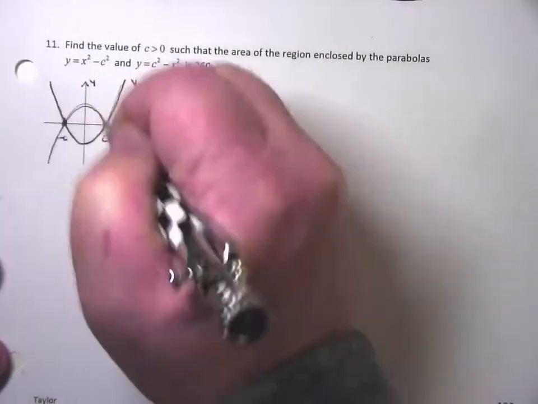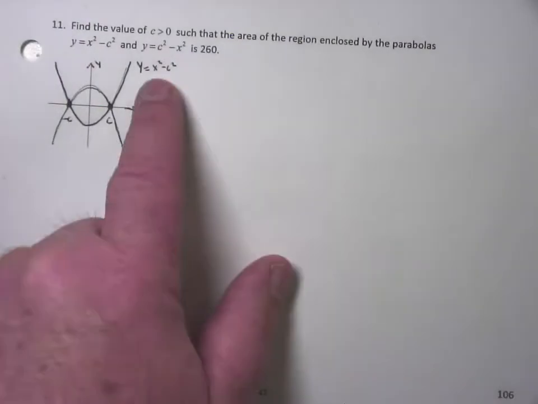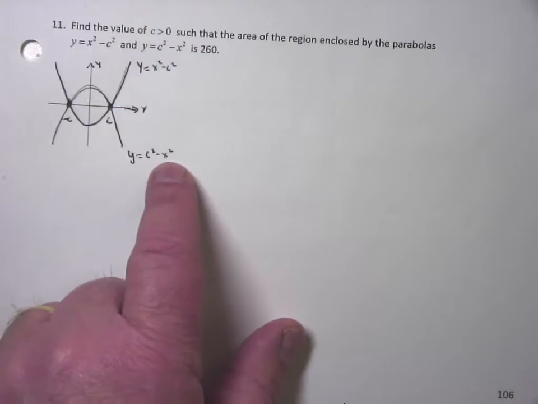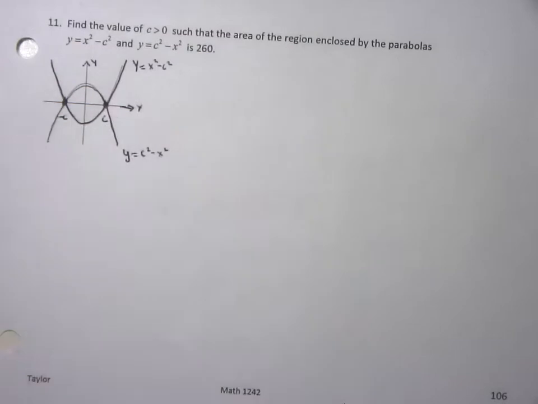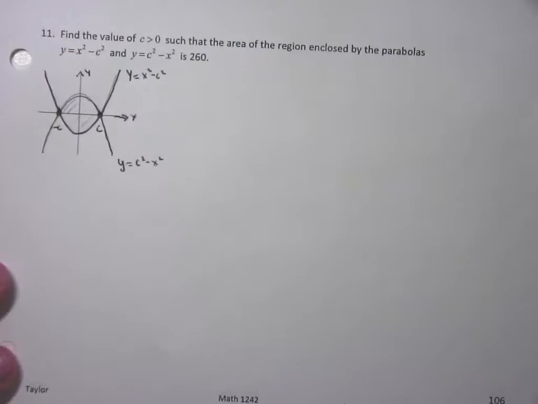These are actually the points of intersection. Because think about it. c squared minus c squared is 0, and c squared minus c squared is 0. So this is where they both intersect the x-axis, and they actually intersect each other. Okay? And so this area right in here is 260.